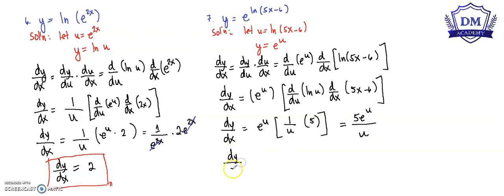So lastly, our dy over dx is equal to 5 times e raised to u, here the ln of 5x minus 6, all over u, which is 5x minus 6. Okay, so this is the derivative of the given function.